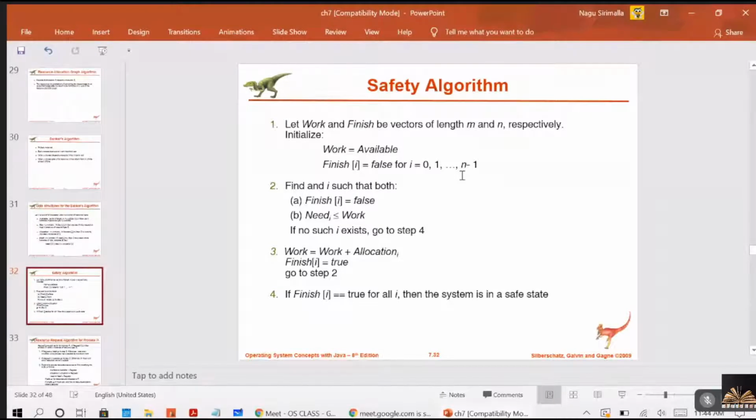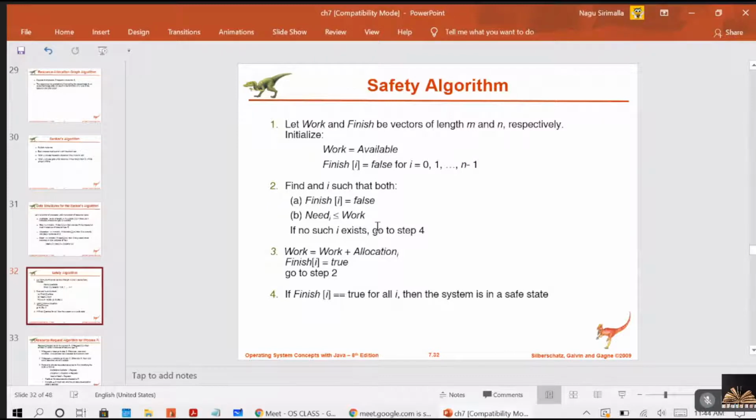n undanukondi, ante it is finished ani. Got it? Now find an i such that both finish of i is equal to false and need of i is less than or equal to work. Try to understand that. I will explain again in detail, right?